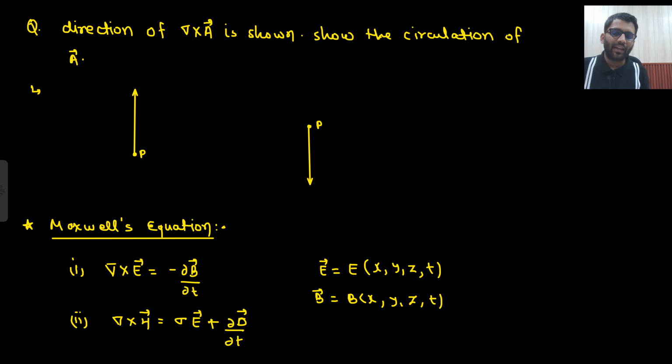Now I have shown the direction of del cross A. So what will be the direction of the field? The direction of del cross A has been shown, so this thumb is the direction. So the direction of the field will be anti-clockwise, and that will be perpendicular to this vector.